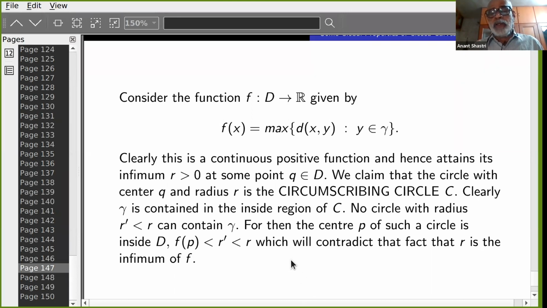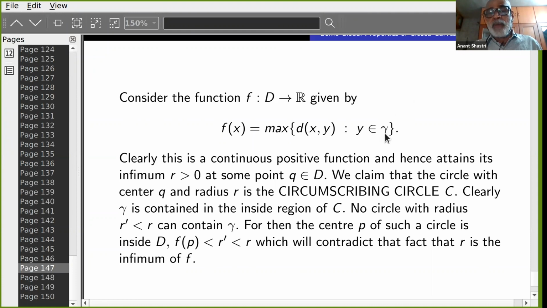Not clear? Okay. If you still have a problem, take a circle in two different ways: one that does not contain gamma, and one that contains gamma.